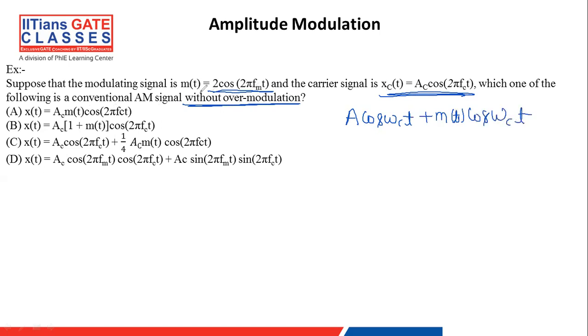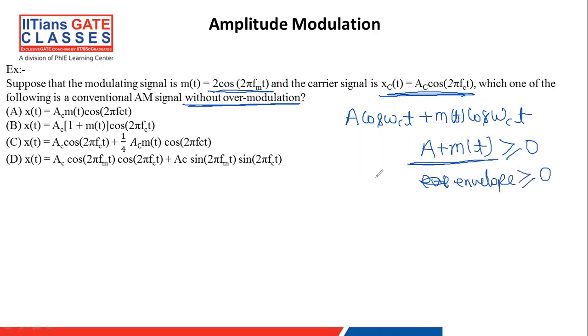For this to not be over modulated, A plus m(t) should be greater than or equal to 0, or simply said, this envelope should always be greater than or equal to 0.